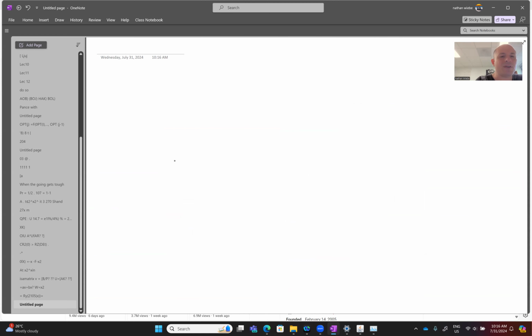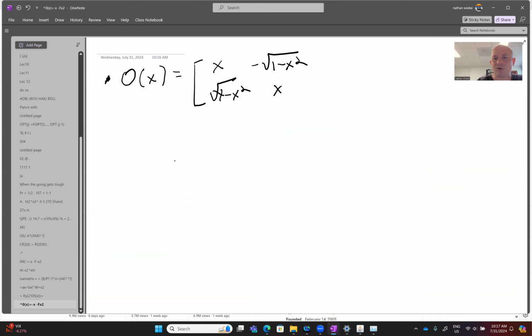We have an operation O_x, which is a 2 by 2 matrix of the form [[x, sqrt(1 - x^2)], [sqrt(1 - x^2), -x]], which of course is equal to R_y(2 arccos x).